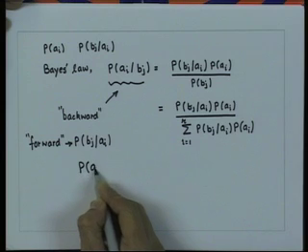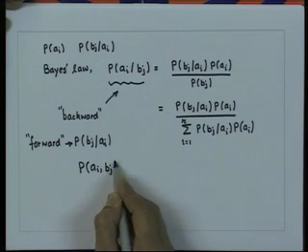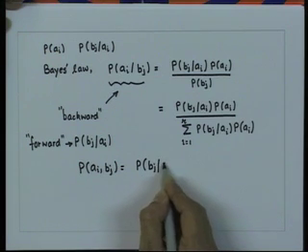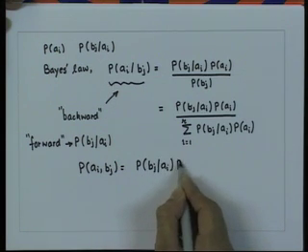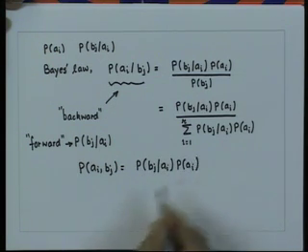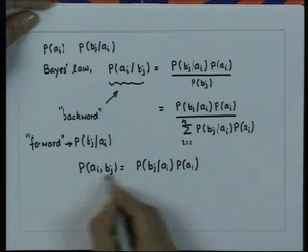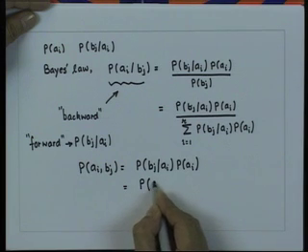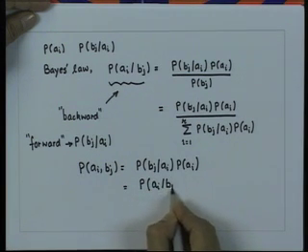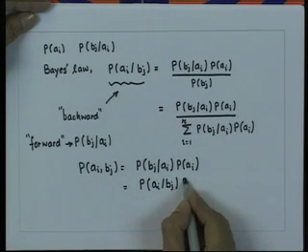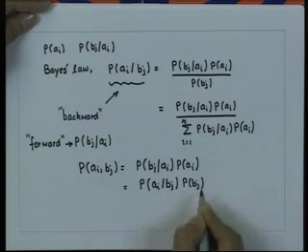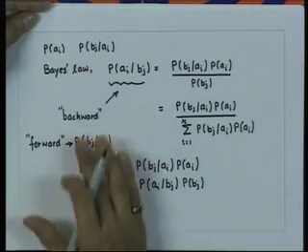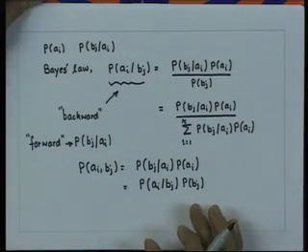So, this is equal to probability Bj given Ai probability Ai, and this quantity is also equal to probability of Ai given Bj multiplied by probability Bj. Now, let us illustrate the calculation of the various probabilities associated with an information channel.